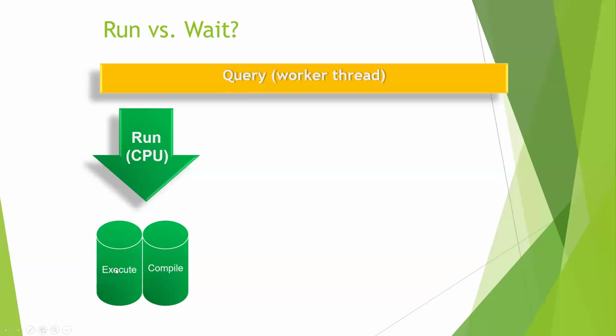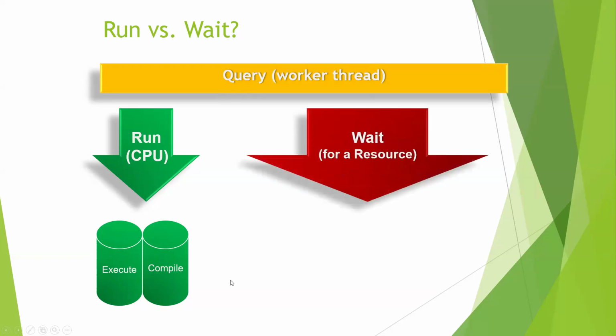We will talk about CPU troubleshooting. The second reason is execution. If the query itself is taking time to execute, then it will be high CPU. Sorry, it will be considered as running.